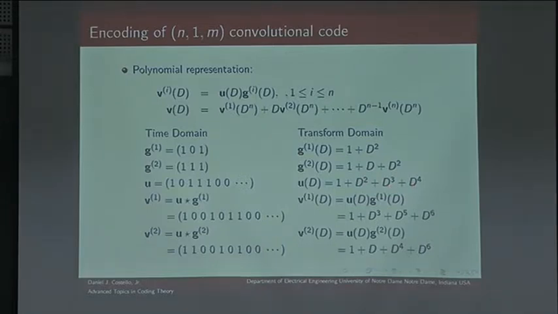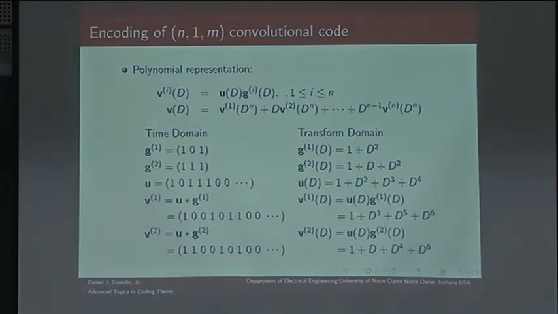And there was a D squared in both of those, so they cancel out. And there's also a D to the fourth in both, so that cancels out. And we're left with 1 plus D cubed plus D to the fifth plus D to the sixth.